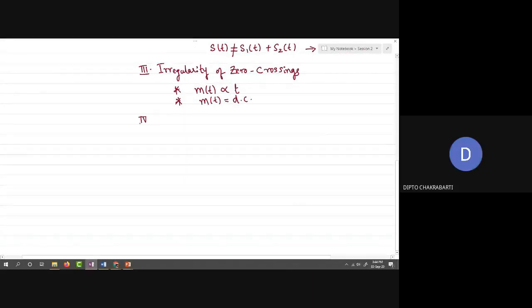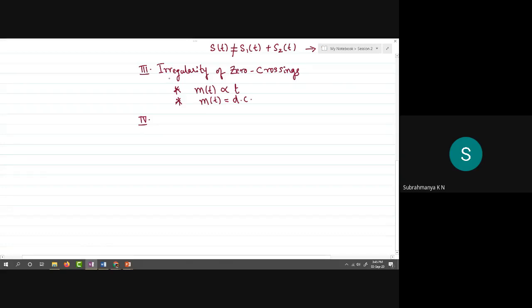Sir, are there any disadvantages of the irregularity of zero crossings? Definitely yes. This is one of the properties which makes our life very complex, where the modulation is complex and the demodulation is also complex.